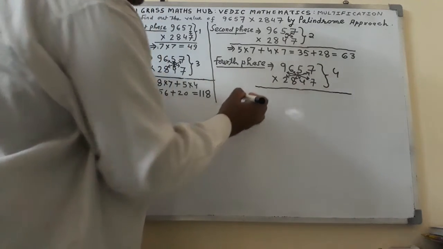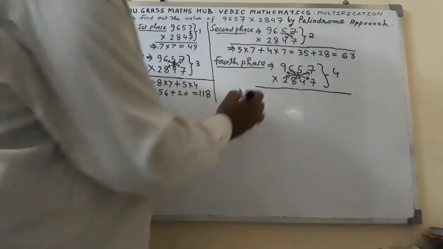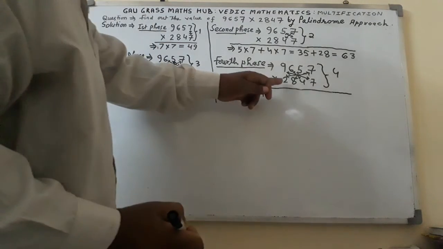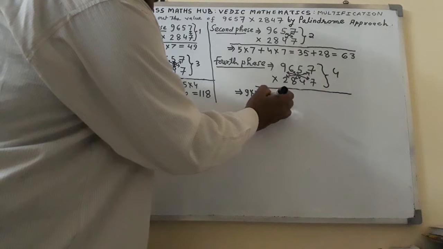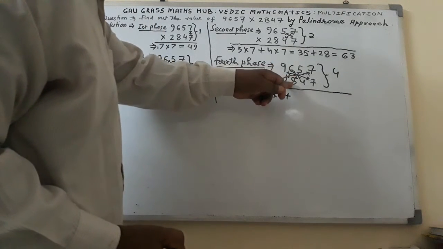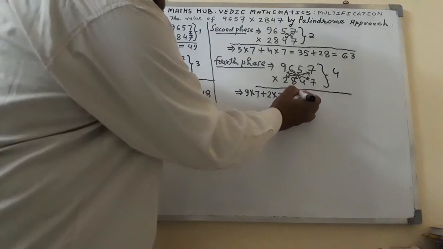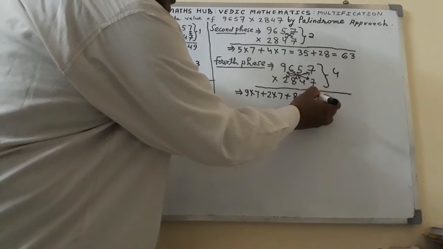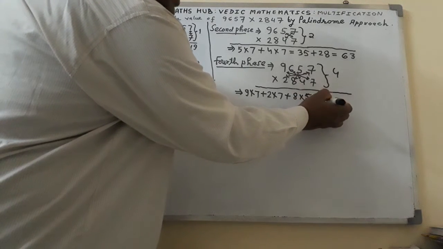So for this I shall write here, implied that 9 multiply to 7 plus 2 multiply to 7 plus 8 multiply to 5 plus 6 multiply to 4.